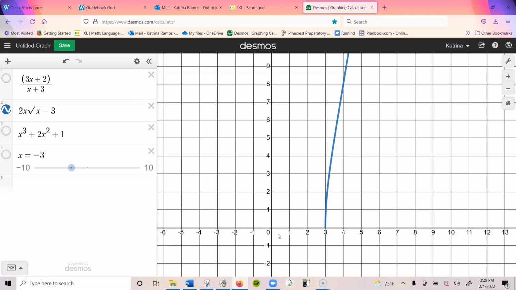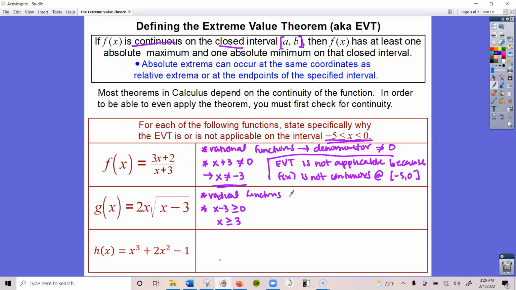So from -5 to 0, there's nothing there. So it's not continuous. So once again, EVT is not applicable, and for the same reason, because now my function g(x) is not continuous on the interval -5 to 0.